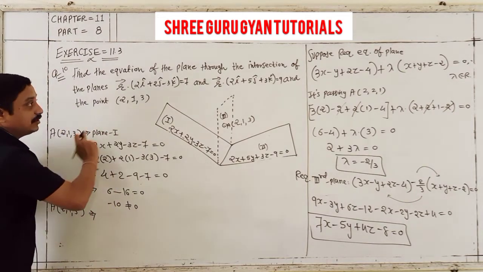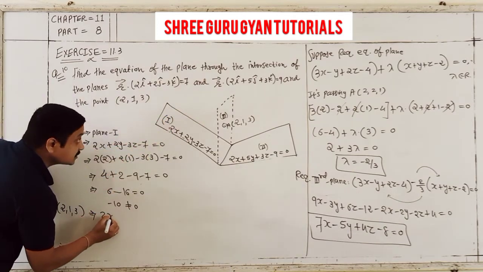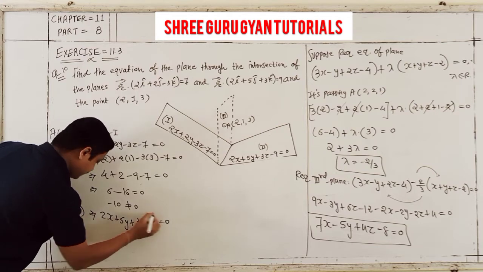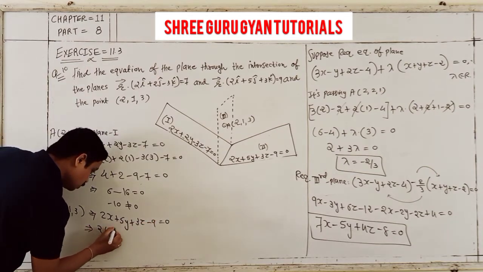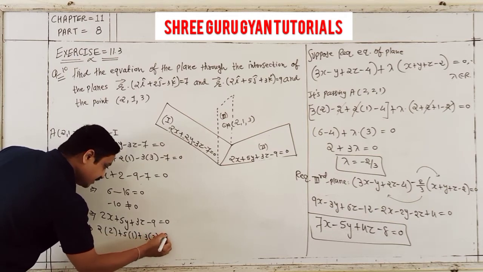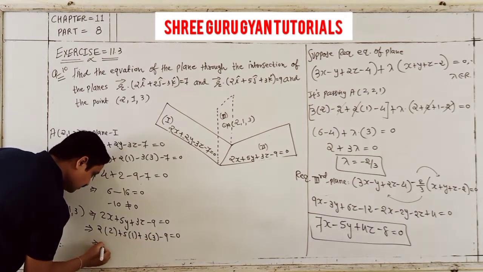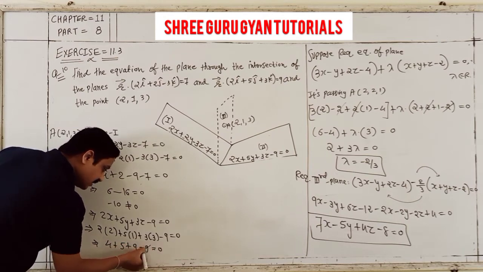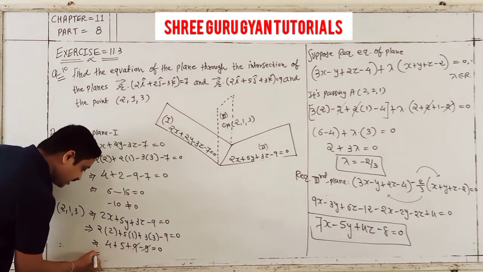I will go into the second plane, 2x plus 5y plus 3z minus 9, and here also I will check x is 2, y is 1, z is 3. So your answer is 4, 5, 3 3s are 9, and this cancels, and it will check whether it is equal to 9.